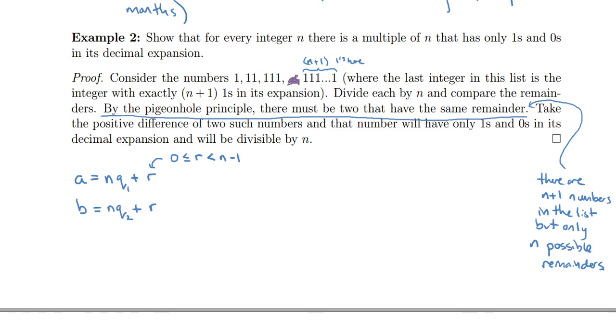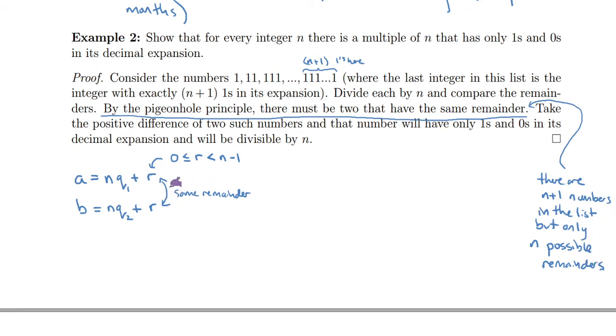By the pigeonhole principle, if I divide all of them by n, there are only n possible remainders, so somewhere in that list there must be a repeat. It would look something like this: a is one of these numbers, b is another, and they each have a quotient, but they have the same remainder. Isn't that kind of cool? That is guaranteed by the pigeonhole principle.